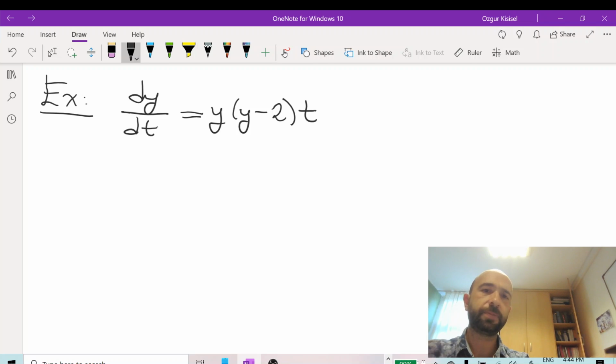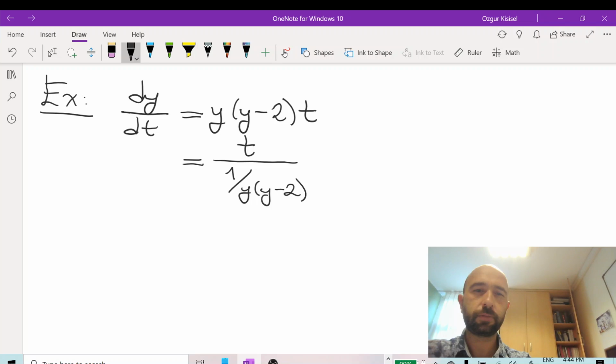Now it's again multiplicatively separated, but maybe it's instructive to write this in the second form, like m(t) over n(y).